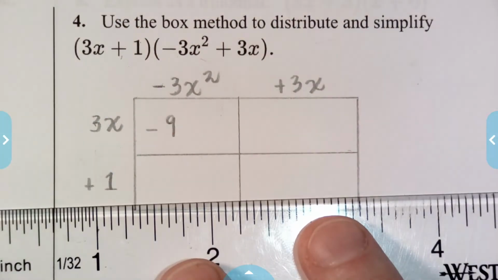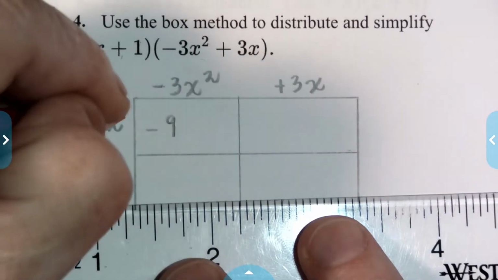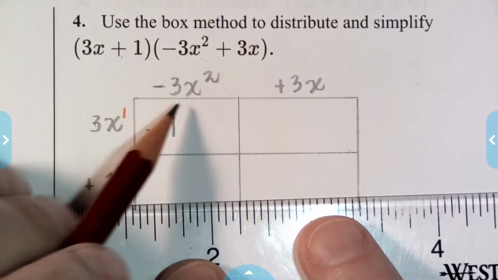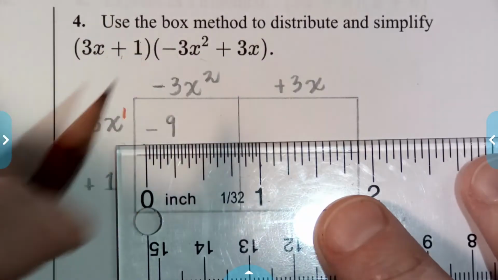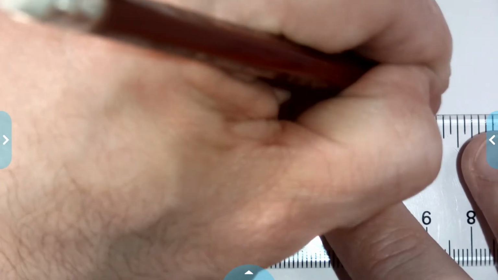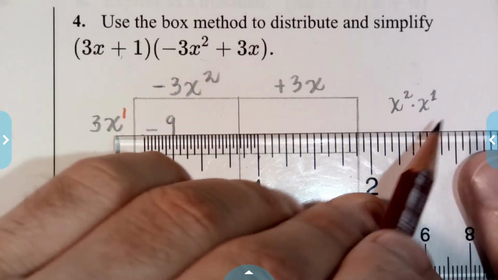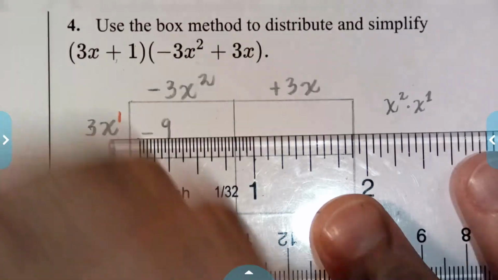And now you really have to think about that product rule, right? So this is x to the first, and you're multiplying x squared times x to the first. Okay, so over here, what's going on? Well, you add those exponents, you're going to have x to the 2 plus 1, right?